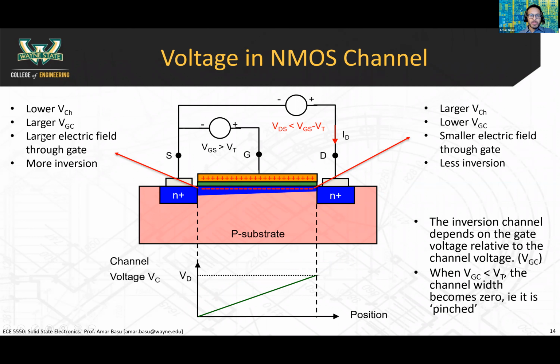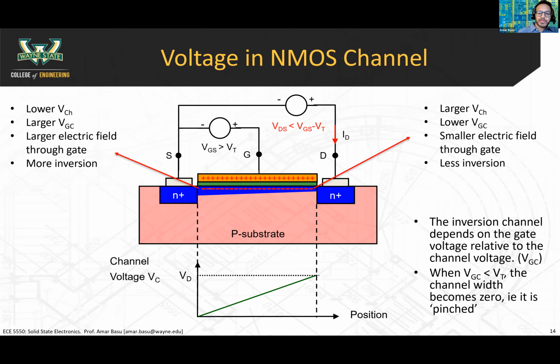So if we compare the left side to the right side, on the left side, we have a lower channel voltage. Let me explain what I mean by the channel voltage. The channel voltage is the voltage in this blue region, within the inversion channel.